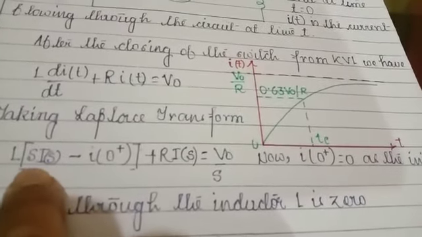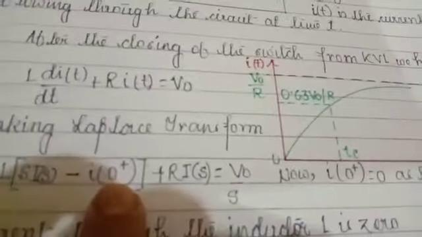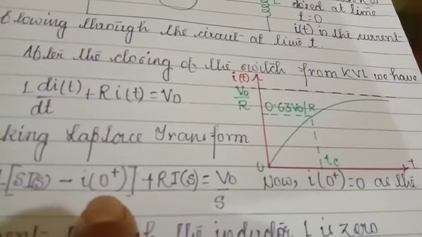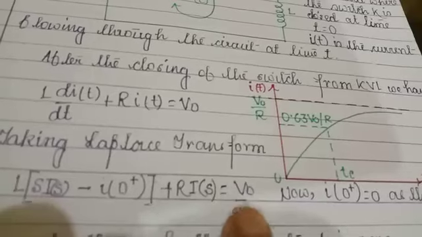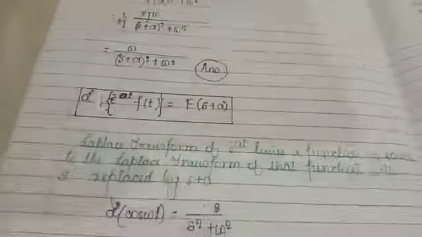So if I use this, here it is i(t), so it is sI(s) minus i(0+). I have written L times (sI(s) minus i(0+)) plus R times I(s) equals V0 by s. I(s) is the Laplace transform of i(t), and this is V0 by s. Why is this V0 by s? That also we have done.